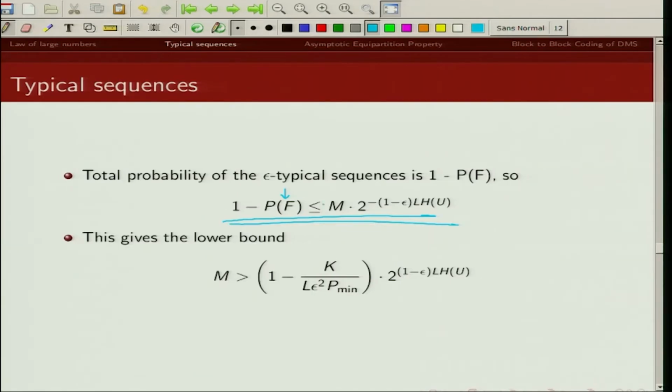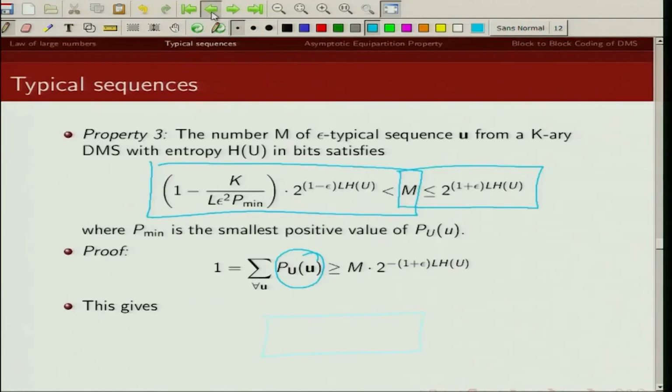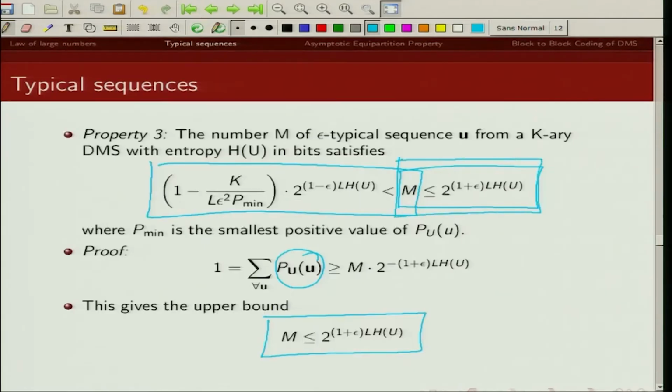From here we get that M is greater than or equal to this quantity. This is a lower bound on M, and earlier we computed an upper bound on M. So, combining both of them, we get an upper bound and lower bound on how many such typical sequences exist.